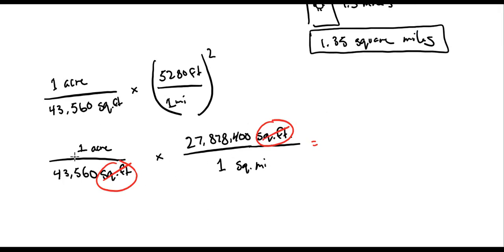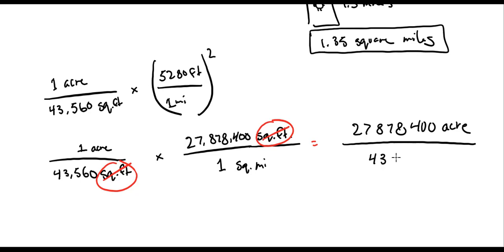If I perform the multiplication and I do 1 acre times 27,878,400, I'm going to end up with 27,878,400, and the unit is now acres up here. And in the bottom, I've got 43,560 times 1, and the unit is square miles, and multiplying by 1 doesn't change anything, which is nice.